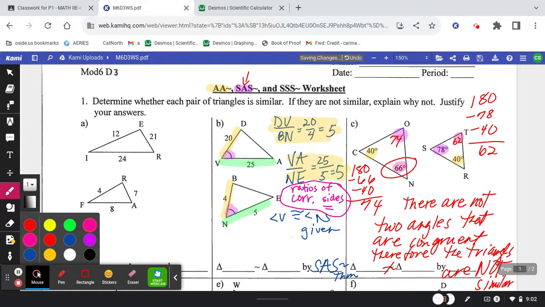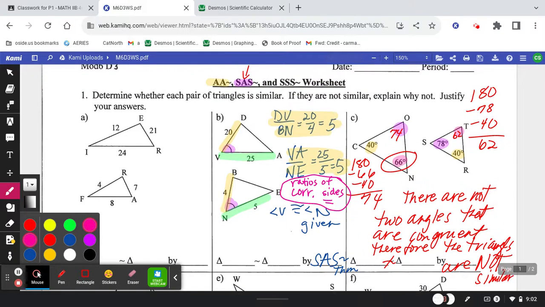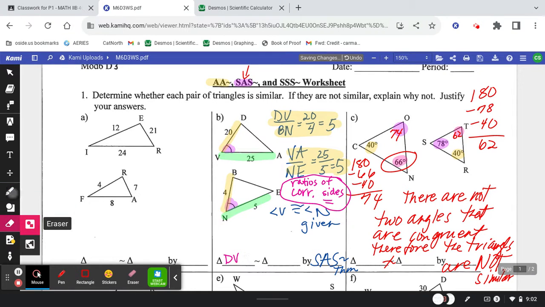Those two sides with the same corresponding side ratios and the angle that was given is enough for side angle side. So I could say triangle DVA is similar to triangle BNE by side angle side.